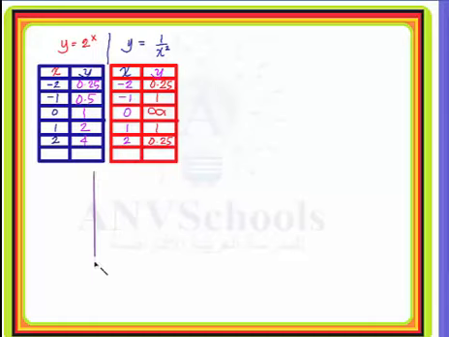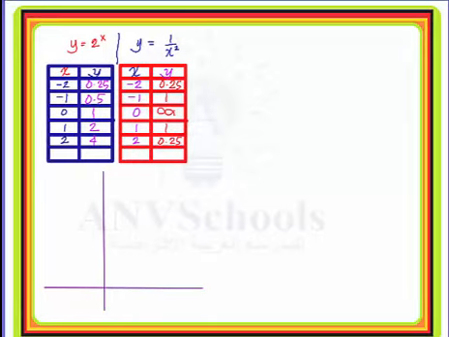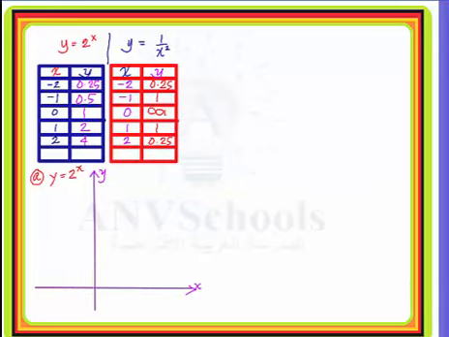So this is for the graph of the first function. This is for a, y is equal to 2 raised to x. This is my exponential function. This would be my y-axis, and this would be my x-axis. And this equation, y is equal to 1 over x squared, will have this graph.